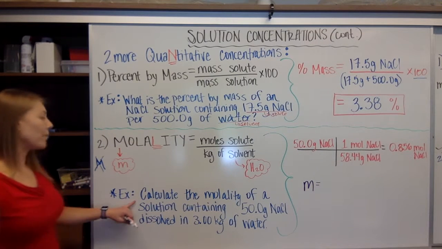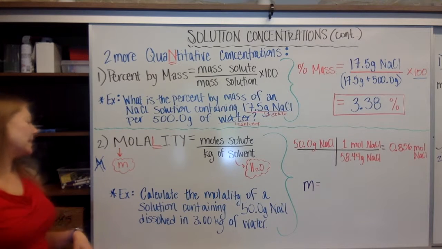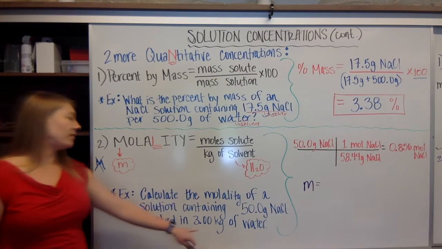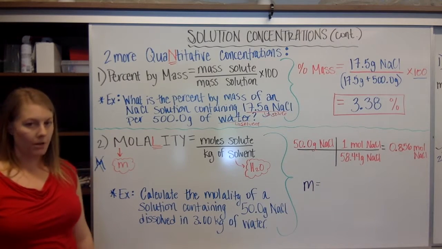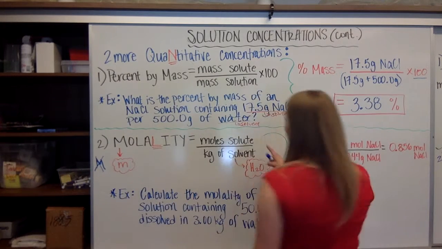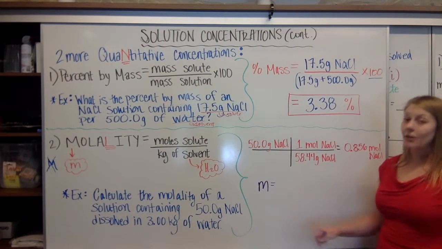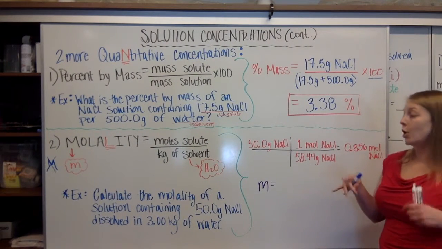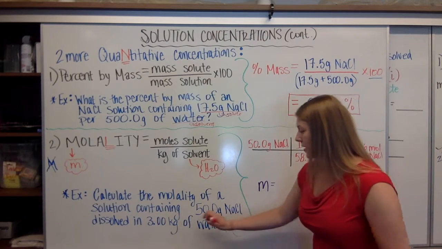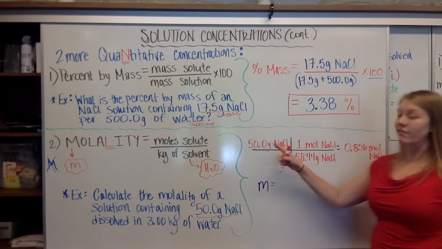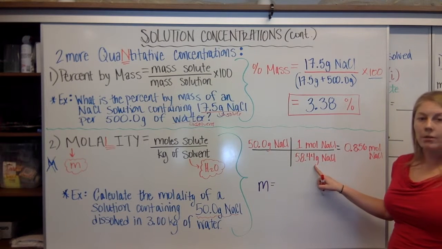Okay, so sample problem, calculate the molality of a solution containing 50 grams of NaCl dissolved in 3 kilograms of water, right? Well, we know on top that we need moles of solute, and fortunately, we already know how to get from grams of our solute, again, NaCl is our solute, how to get from grams of solute to moles of solute. We just divide by the molar mass.